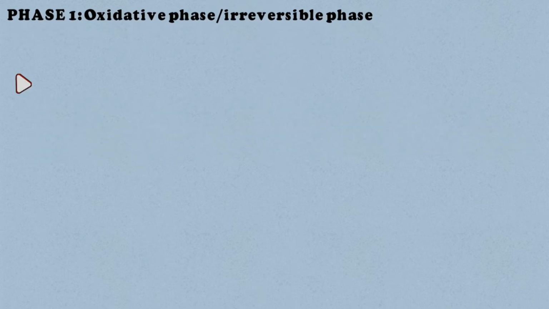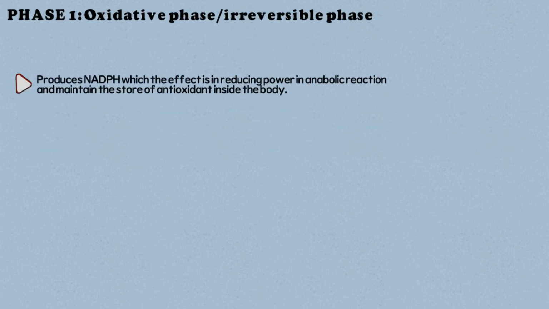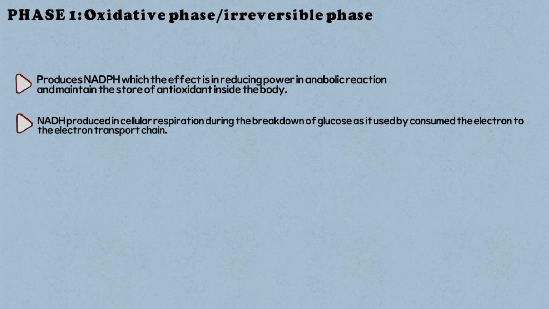The oxidative phase will produce NADPH, which provides reducing power in anabolic reactions and maintains the store of antioxidants inside the body. What is the difference between NADH and NADPH? NADH is produced in cellular respiration during the breakdown of glucose.